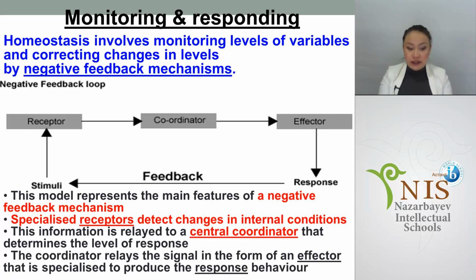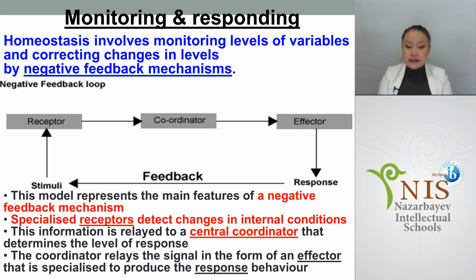In this model you see the feedback: stimulus, receptor, coordinator, effector, and response. This model represents the main features of a negative feedback mechanism. Specialized receptors detect changes in internal conditions. First will be the stimulus, then the receptor will detect that.